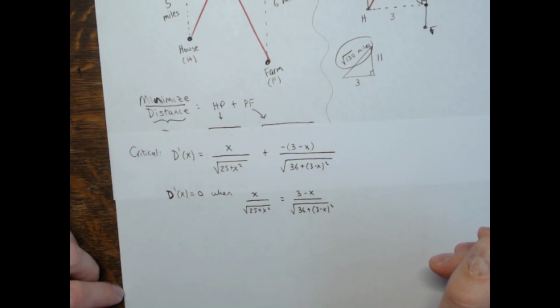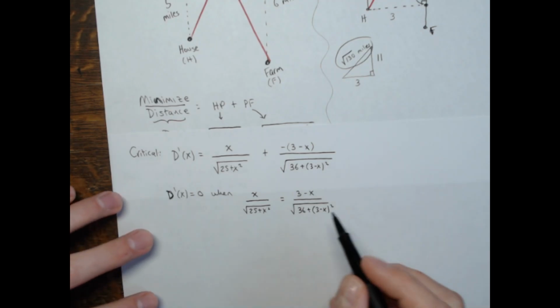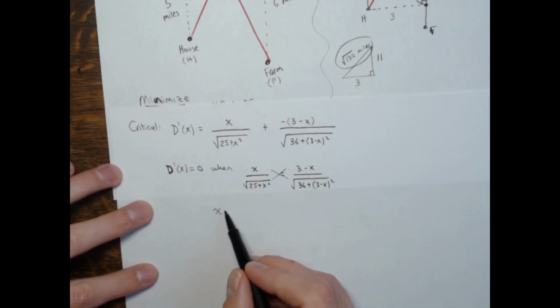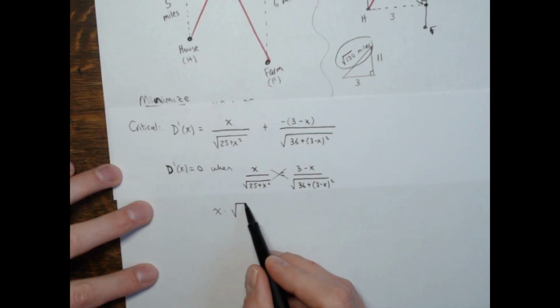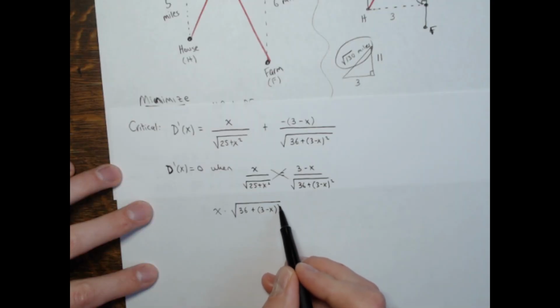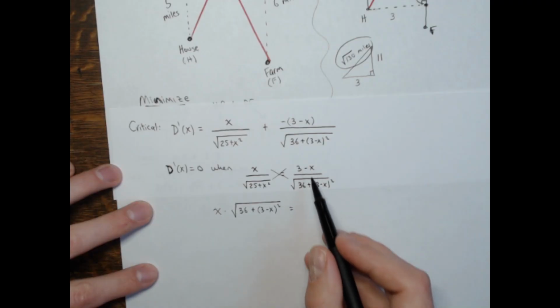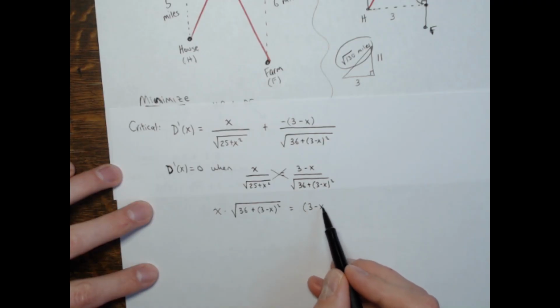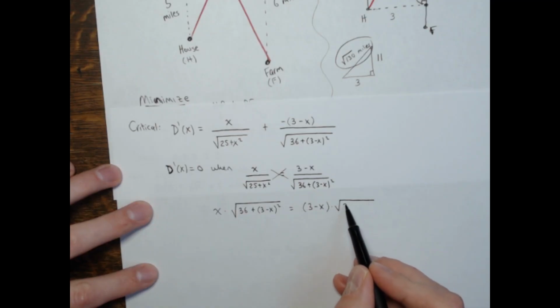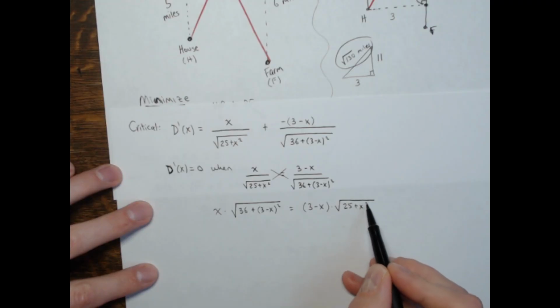Yeah, this is kind of daunting. I mean, if I do cross products here, right, we got a proportion. It'd be very algebra heavy. So that equals, and then 3 minus x times the square root of 25 plus x squared.